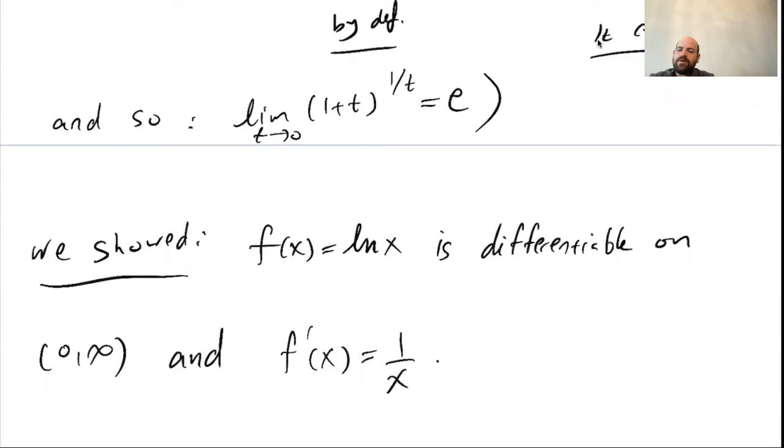So the question is, what about other logarithmic functions? Because ln x means logarithm in base e, but what if we have logarithm x in base 10, is that also differentiable? And if so, what is the derivative, right?